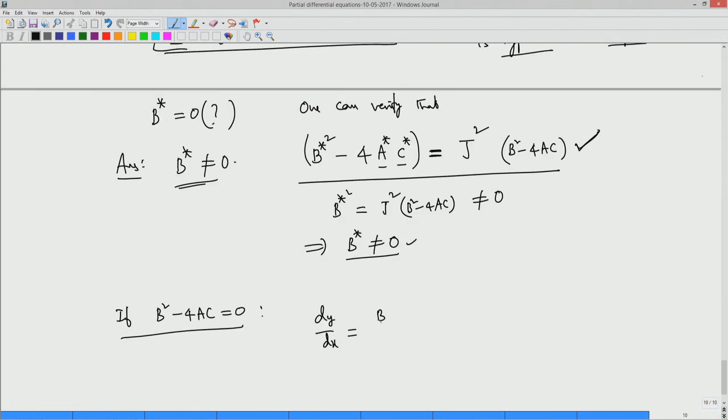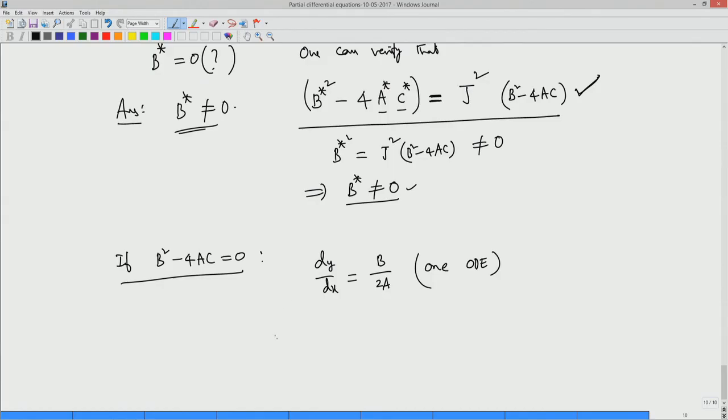You integrate, and you get your general solution xi equal to C1, which you call one variable xi. But you do not yet know how to find the other variable eta to get the transformation.